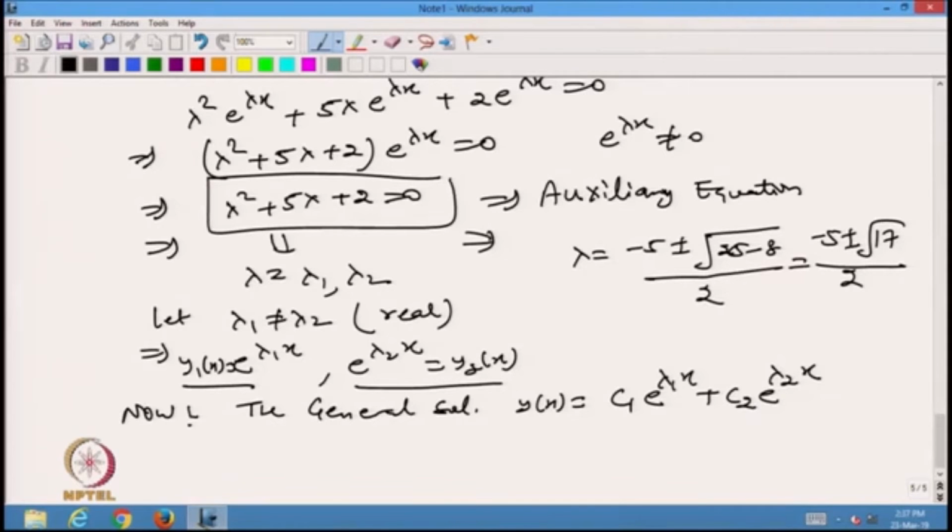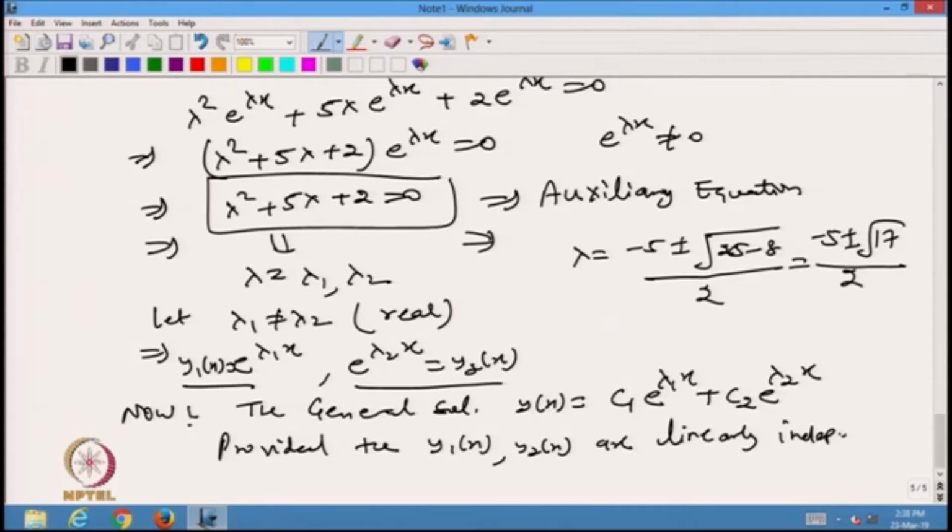So, C1 and C2 are the two arbitrary constants, provided the solutions y1(x) and y2(x) are linearly independent.